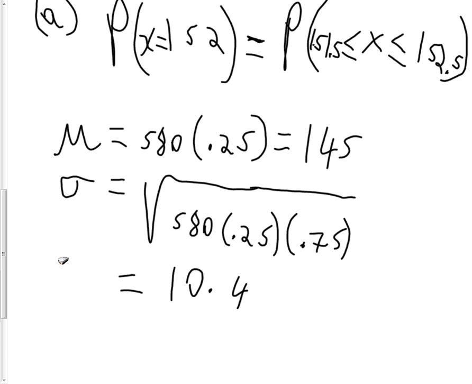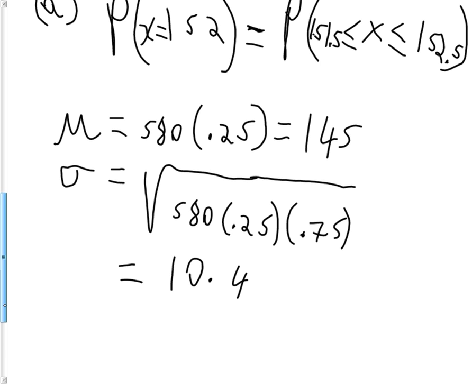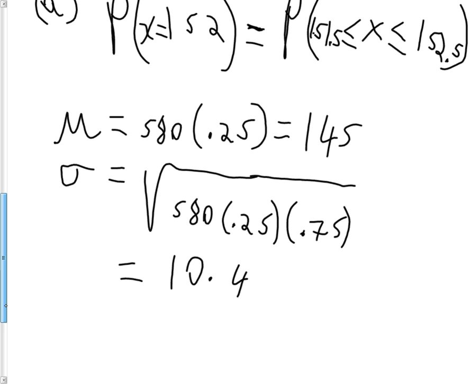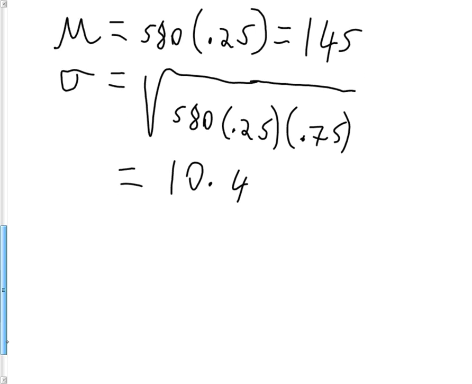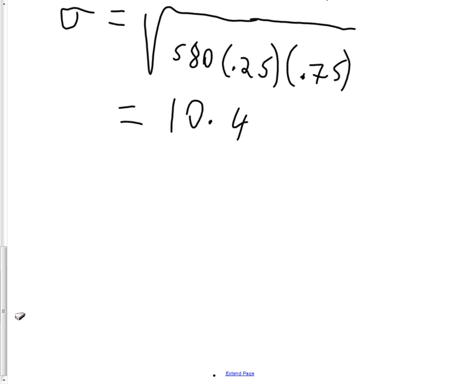And what we have to do is find the probability that x is a number between 151.5 and 152.5. So we're going to go ahead and set up our bell curve.